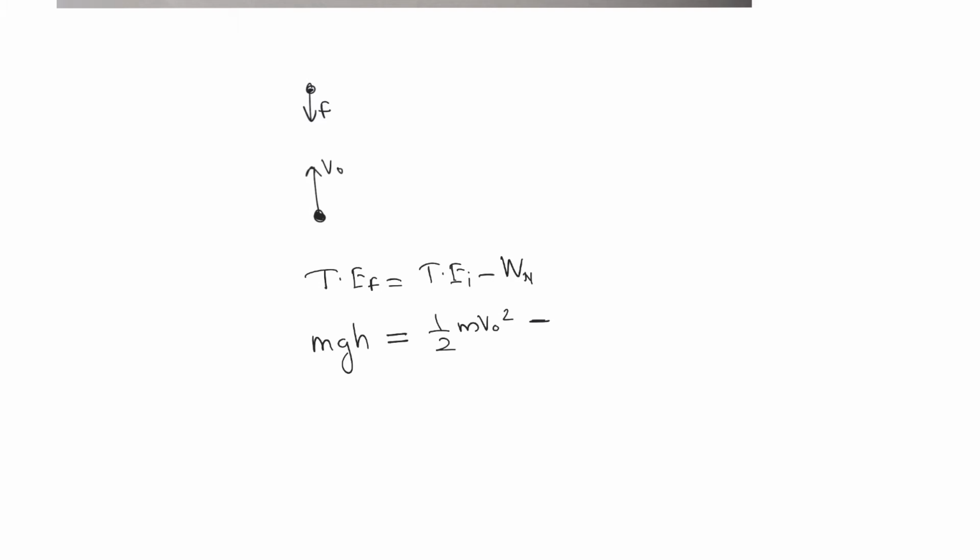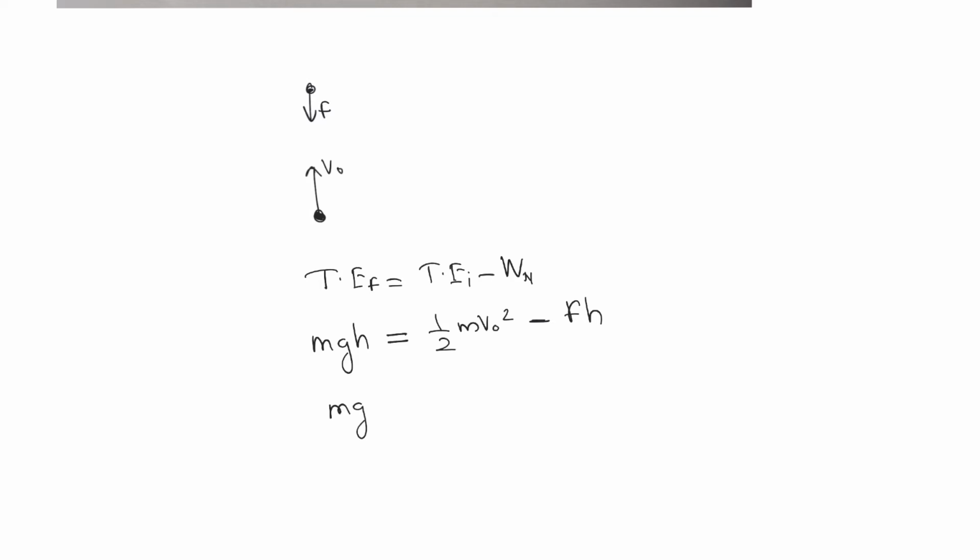Work done is force into displacement, and it travels a height h, so the work done is F into h. As the force and displacement are in opposite directions, the work done is negative, that's why we write minus F into h. So we can calculate the value of h.